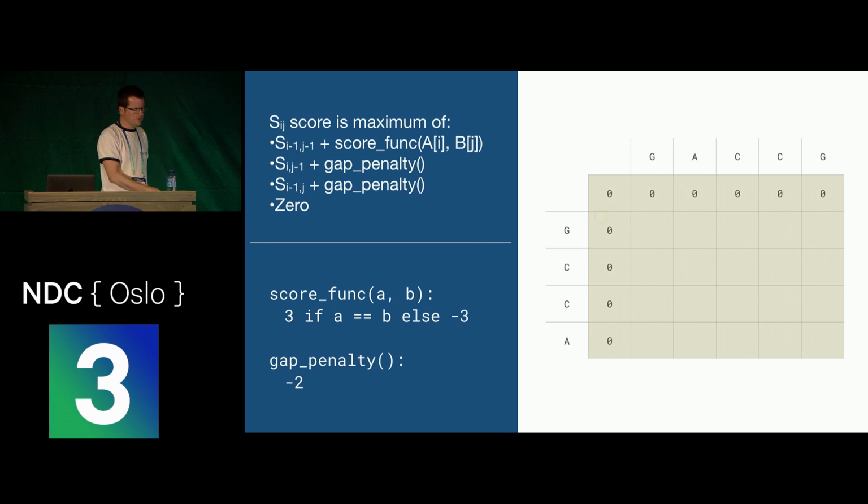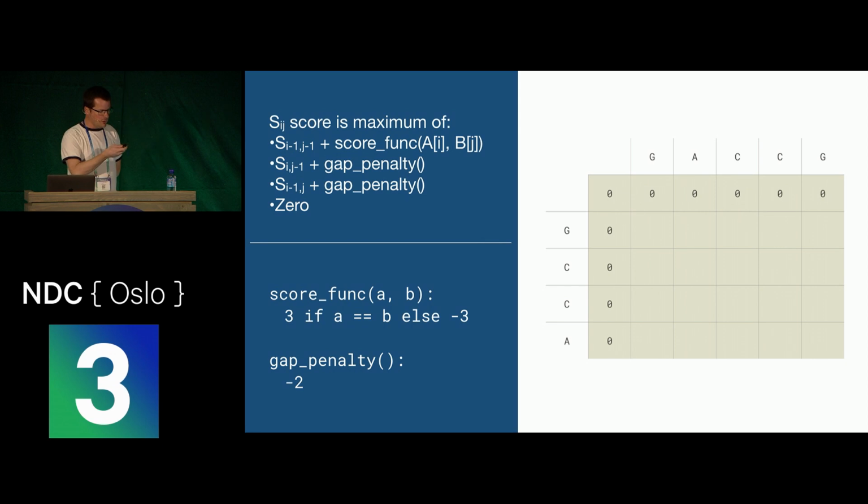So we're trying to find the best way to get from one of our afferent neighbors into the cell we're trying to score. These are just example score functions. They don't have to be these, but 3 if a is equal to b, otherwise -3 for the score function, and a gap penalty of -2. These are our other knobs we can play with in the algorithm.